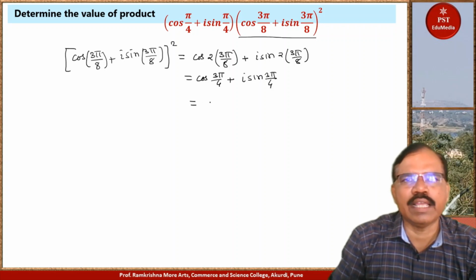Now this one I can write e raised to i 3 pi by 4.